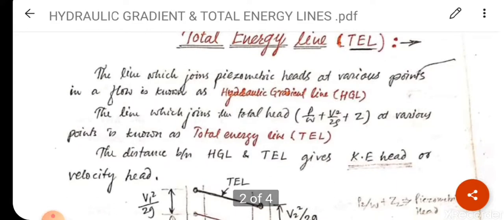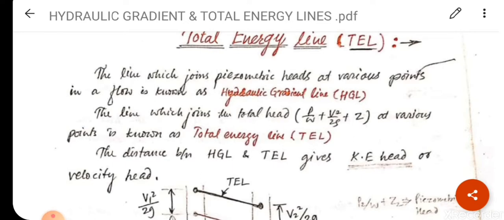Now we will discuss the total energy line. The line which joins the total head, that is pressure head plus kinetic head plus datum head. We already know the different types of head, already explained in an earlier video lecture. P by W is pressure head, V square upon 2G is kinetic head, and Z is datum head.